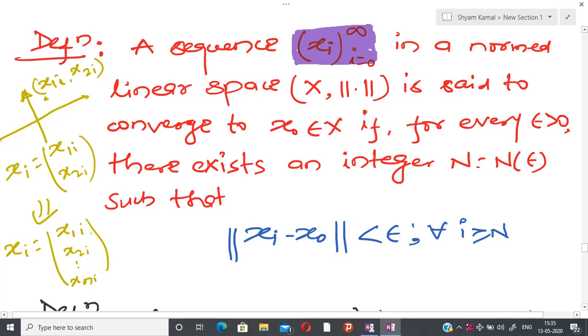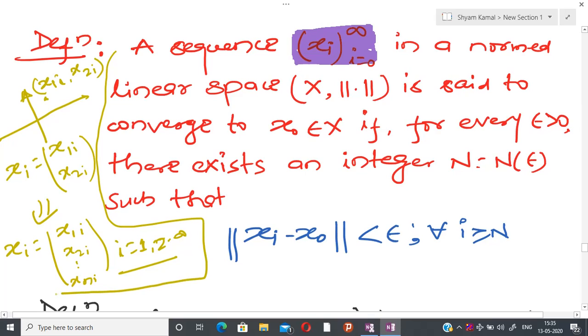If you vary i from 1 to infinity, then you are able to generate some kind of sequence. So the sequence I have written here, xi, is now a vector, or you can also interpret xi as some kind of matrix. So a sequence xi in a non-linear space is said to converge to x0.